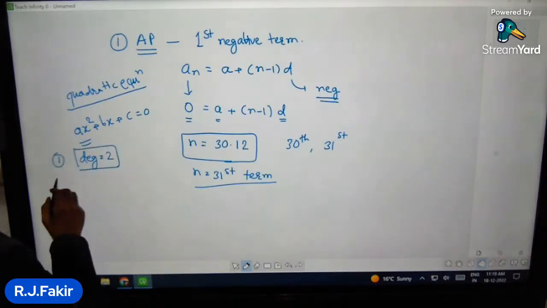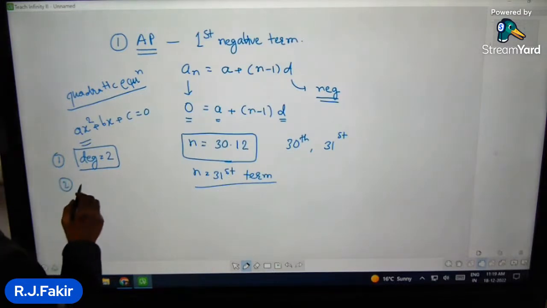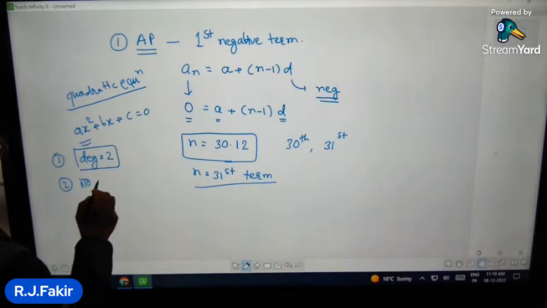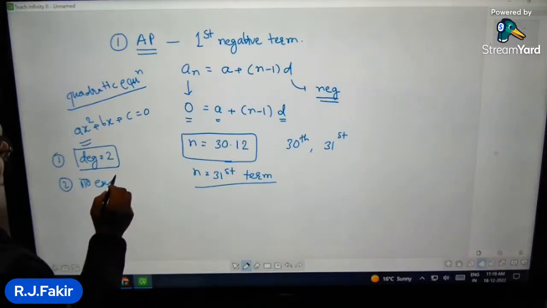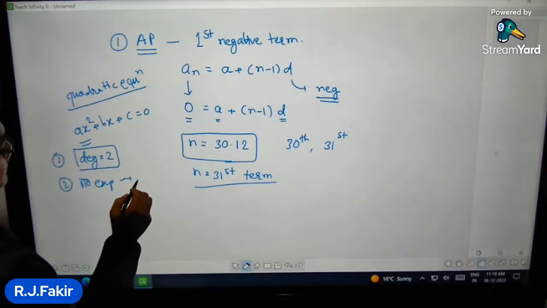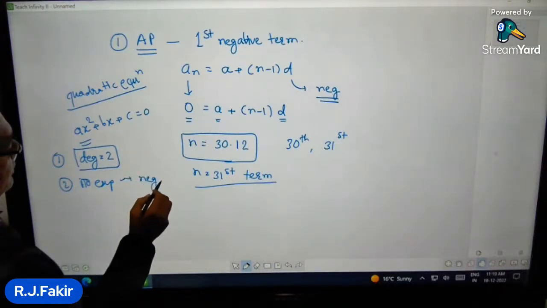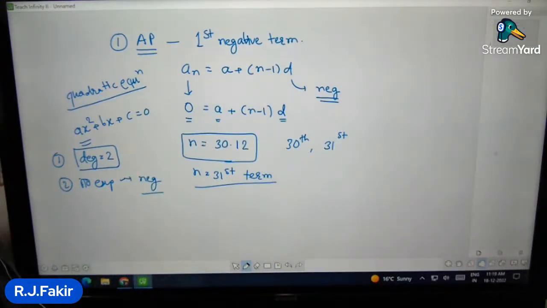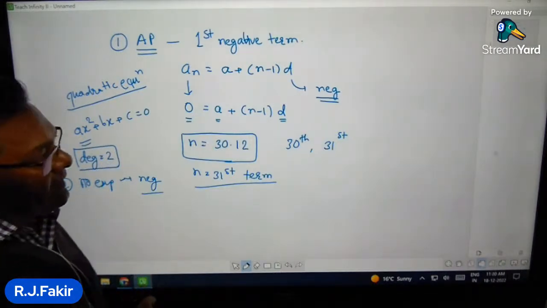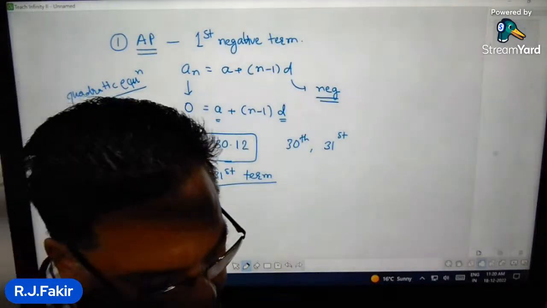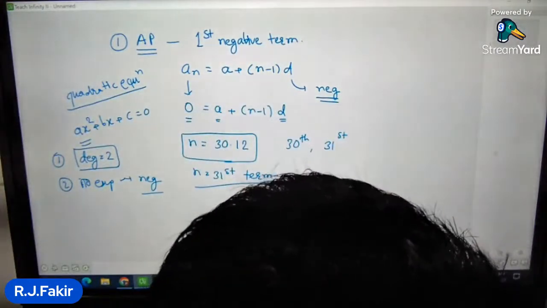This is the first thing. Second is that no exponent should be negative. For any variable in that quadratic equation, it should not have a negative power. This way, you can find out whether the given relation is a quadratic relation or not.